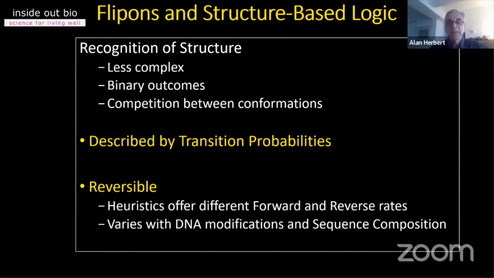And the other difference between Flipons and codons is that the whole process is easily reversible. So you can go from B to something else and back to B again. And in that process, you can get a lot of heuristics involved where the forward and reverse rates are quite different. And you can actually vary the rates by varying the modifications that happen to the DNA. So we'll talk about that in just a moment.